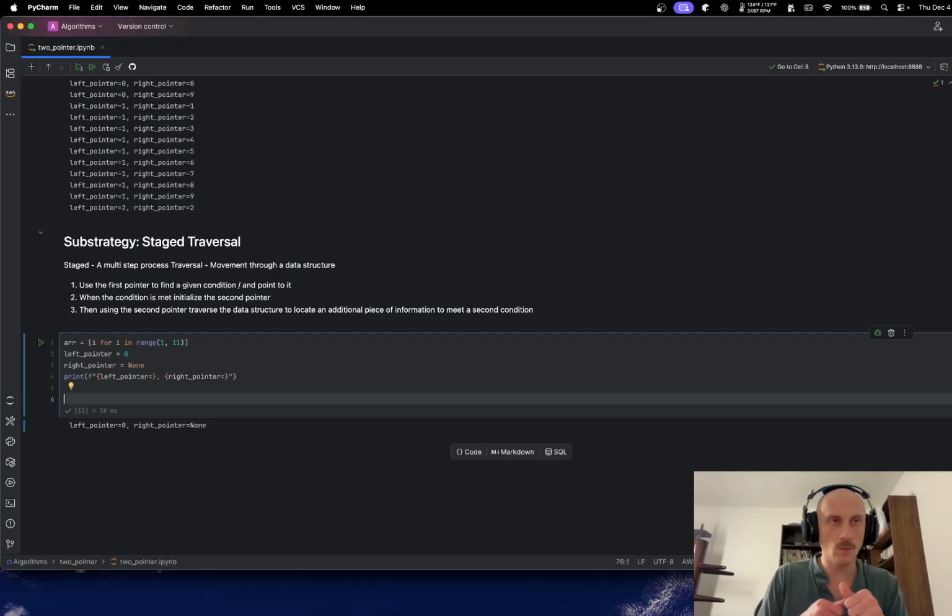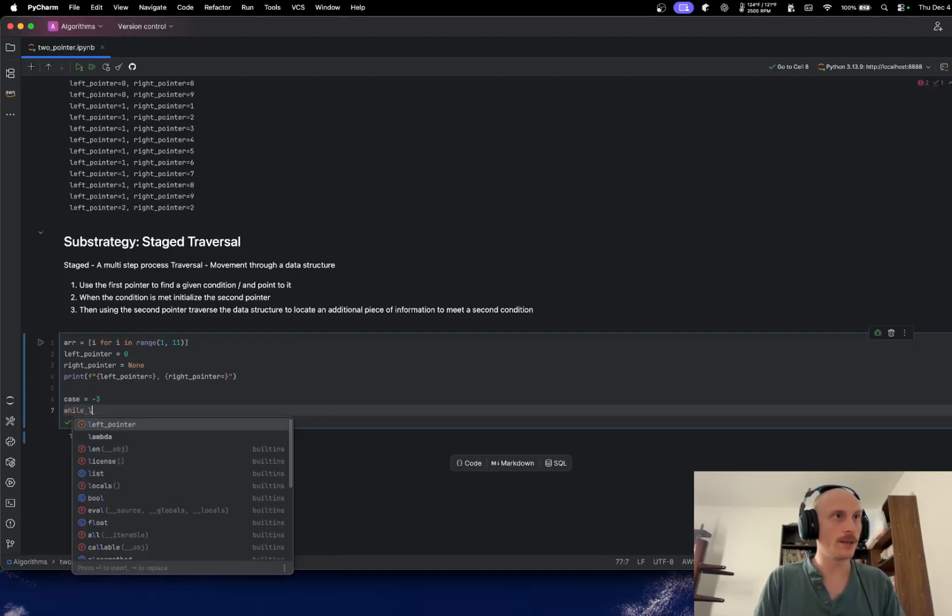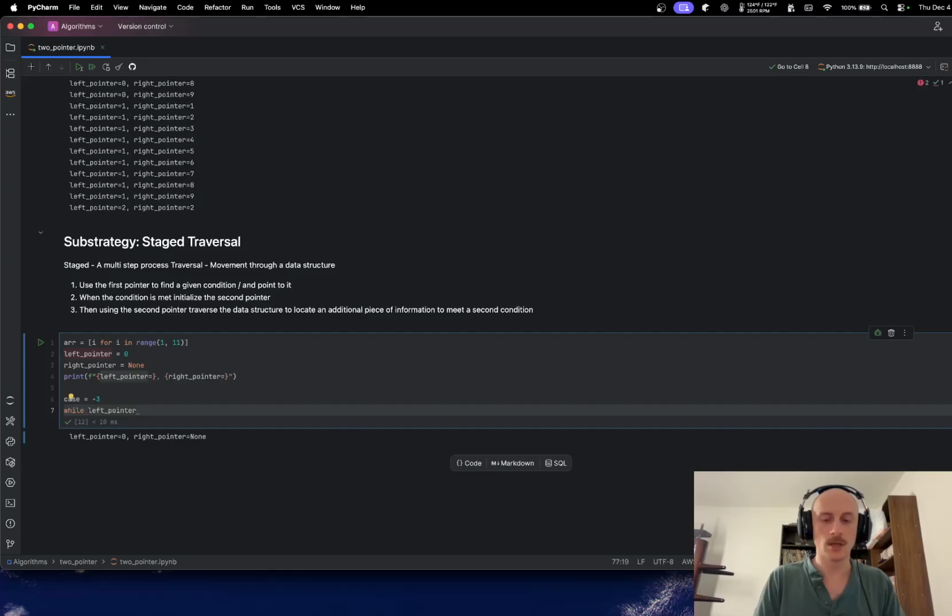Okay, what we're going to do is find two numbers that add up to -3. So case is equal to -3, while left pointer, actually, you know what?